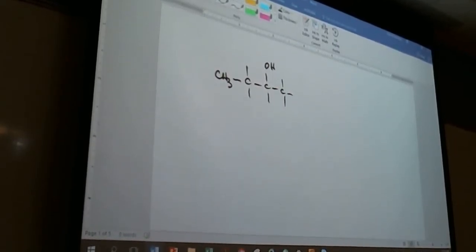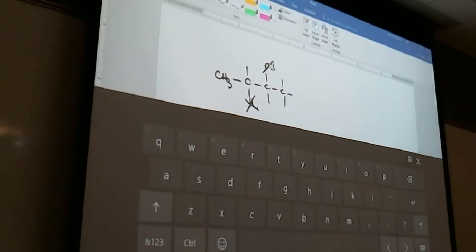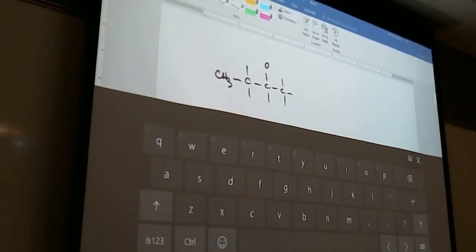And to do a dehydration, you're going to eliminate a hydrogen and OH, except not OH, right? Because OH is a horrible leaving group. So I need to convert this into a better leaving group.